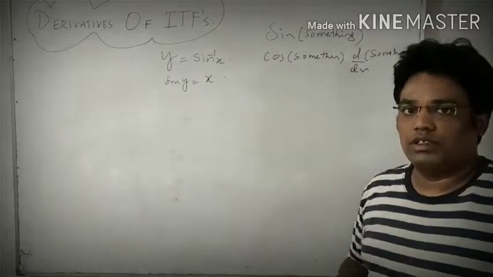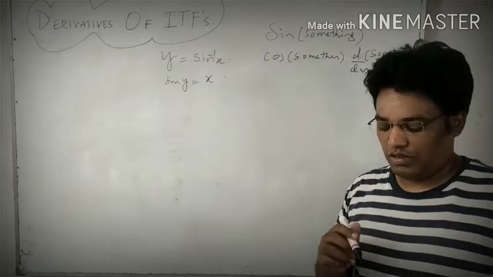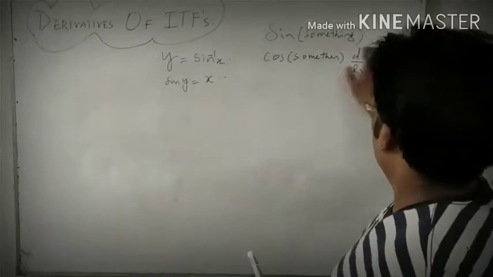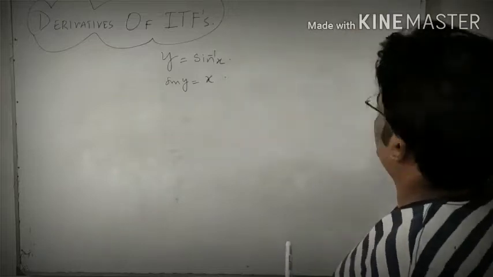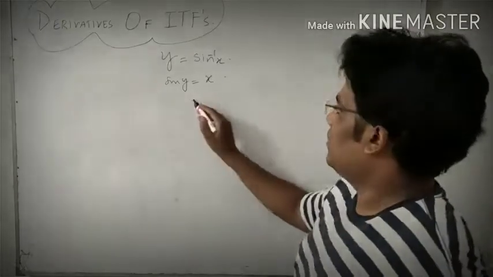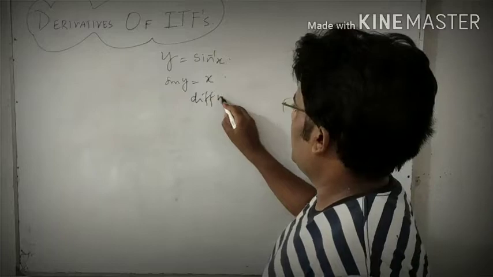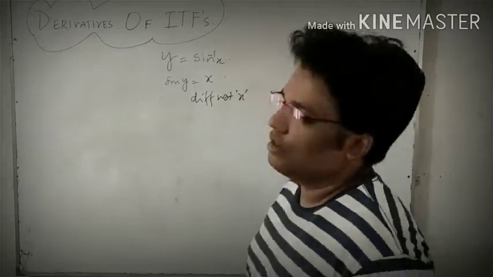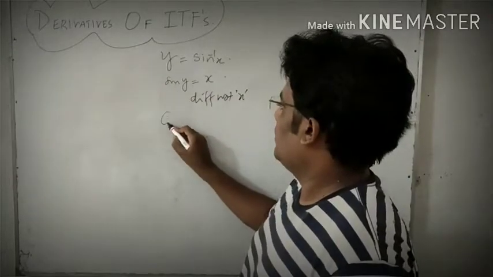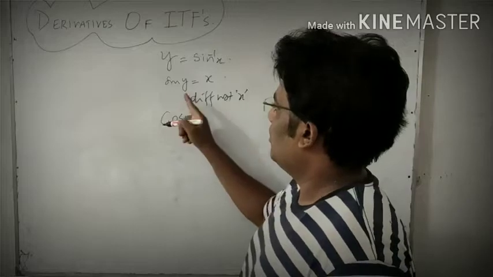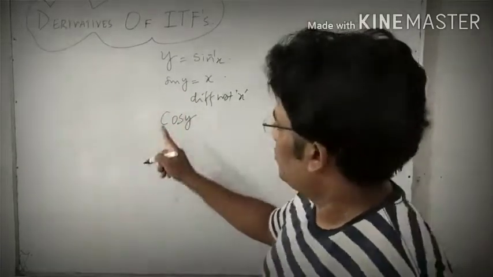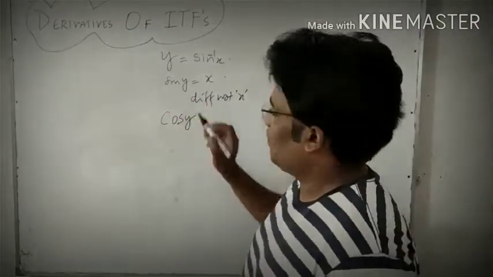Sine of something is cos of something into differentiation of that something. So let's go with this. We are finding dy by dx, means differentiating with respect to x. Differentiation of sine y is cos y into differentiation of that something.